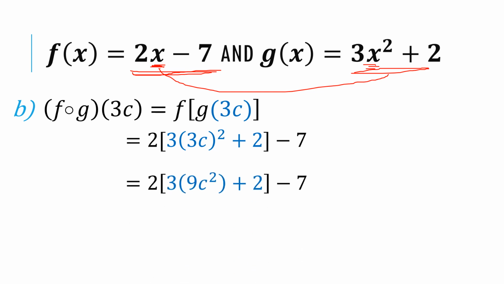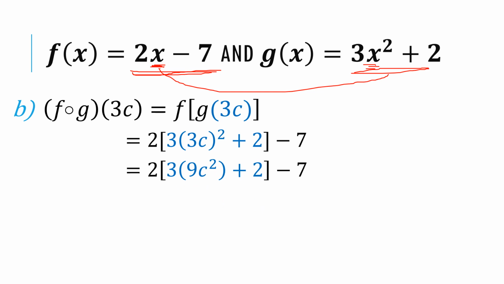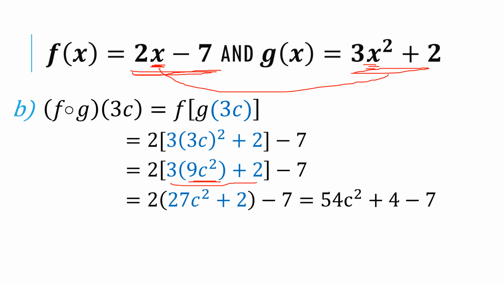Simplify natin yung nasa loob. So, itong 3c squared is magiging 9c squared na. Simplify pa talaga natin yung nasa loob. So, magiging 3 times 9 is 27, c squared, and then plus 2. Then, distribute natin yung 2. Magiging 2 times 27, 54, 54c squared, and then 2 times 2, magiging 4.